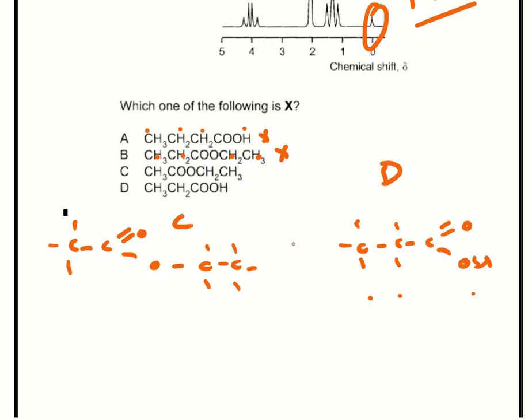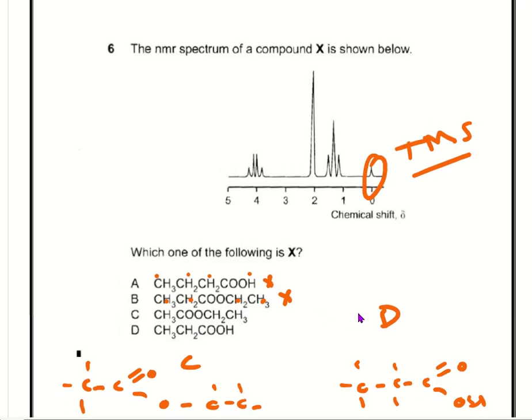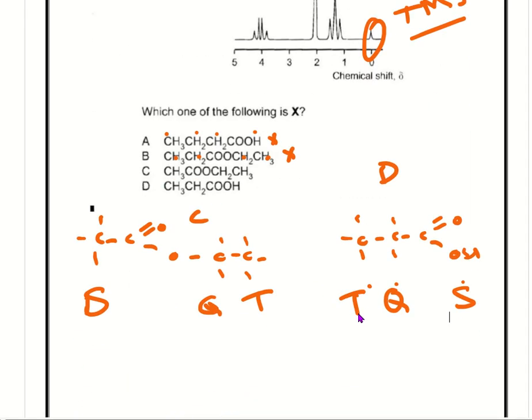So let's see which one it actually is. Here we're going to have a singlet, a quartet, and a triplet. Here we're going to have a triplet and a quartet and a singlet. Well, that's what we have on our diagram up above as well. So that's not really helping us very much at all. Okay. Right, let's look at where the 2 singlets are.